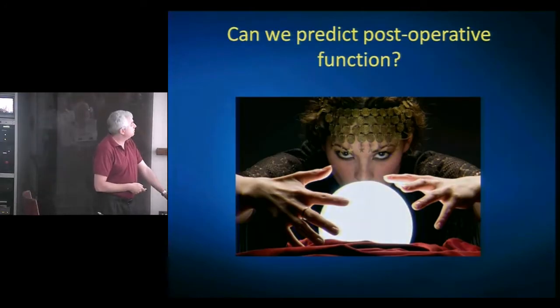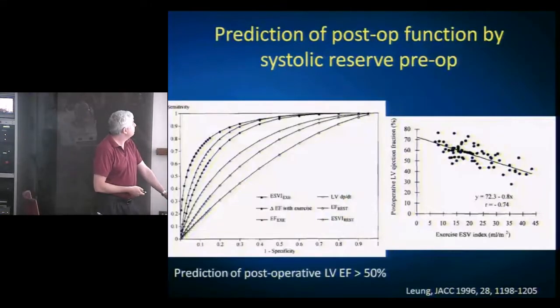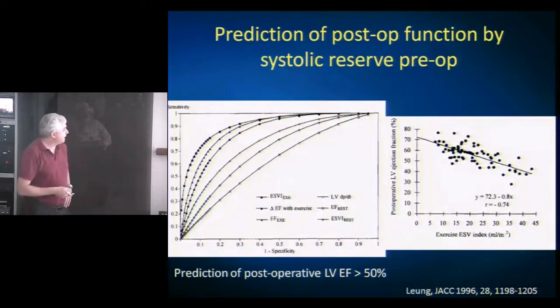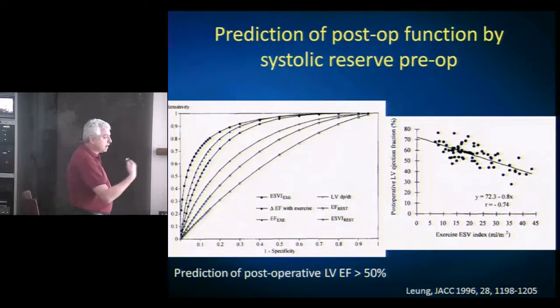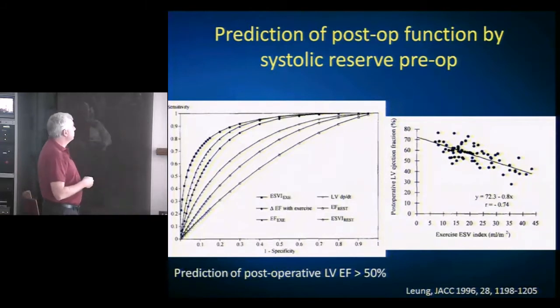So can we use these methods to then predict who's going to do okay after surgery? And again, we've talked about using exercise to predict who is going to respond.